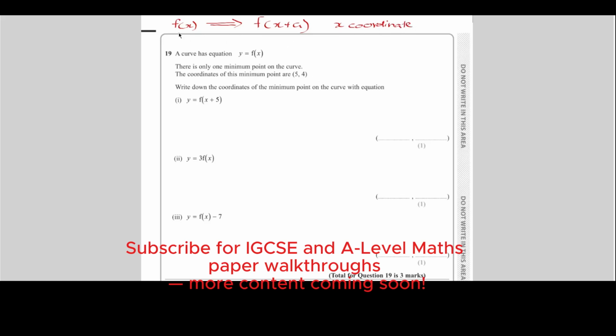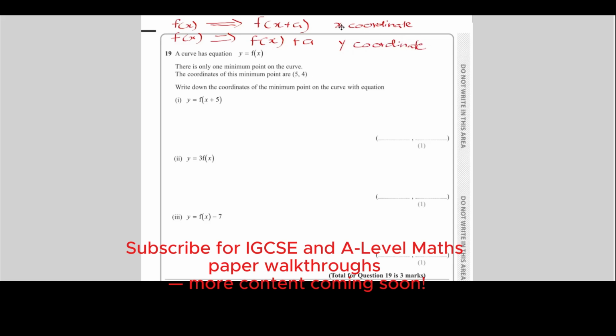If it happens like this, f of x plus a, can you notice there is a change again here? This is the original one, and the original equation has again been changed by being added by a. It is outside the bracket here, not inside. If something happens out of the bracket, this is the y coordinate.